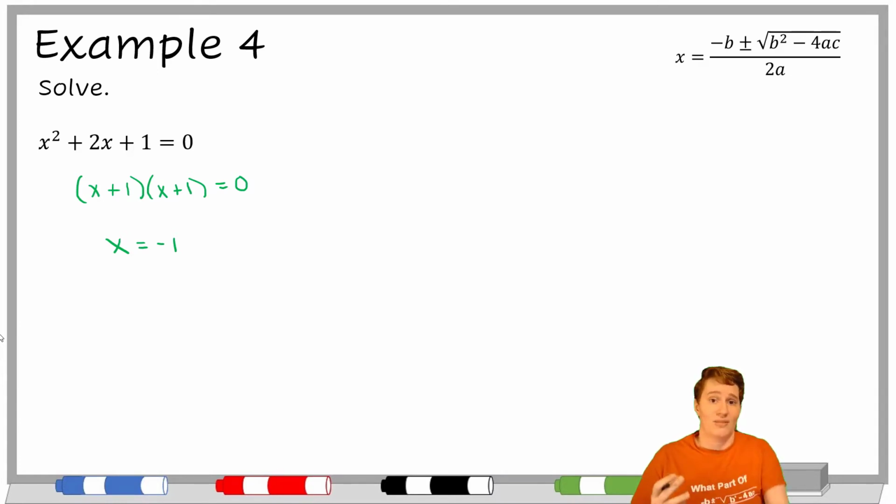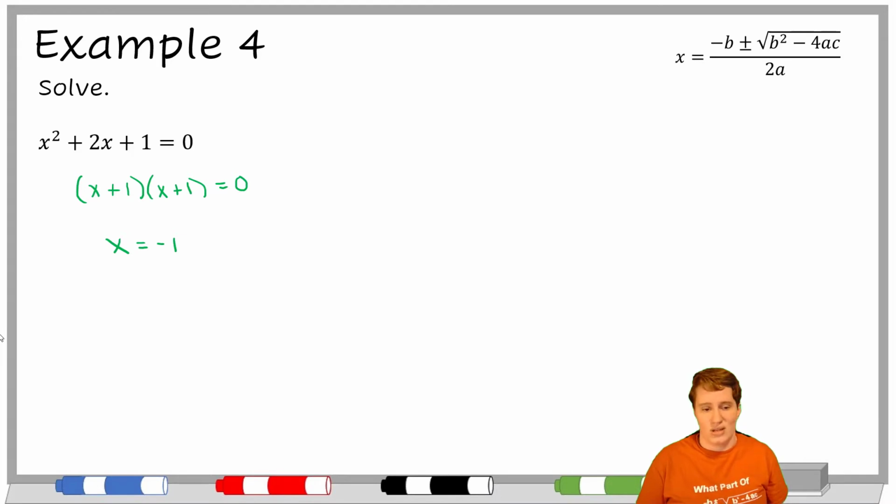We should have two answers, but we just get negative 1. Well, we're getting negative 1 from each of these sets of parentheses. So we got two answers. It's just the same answer 2 times.